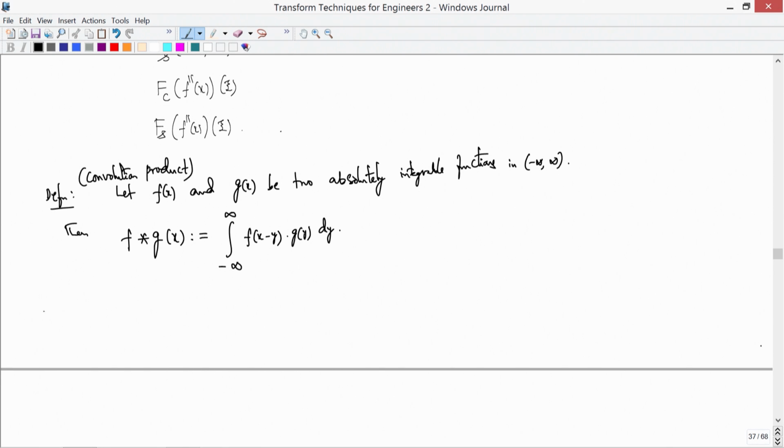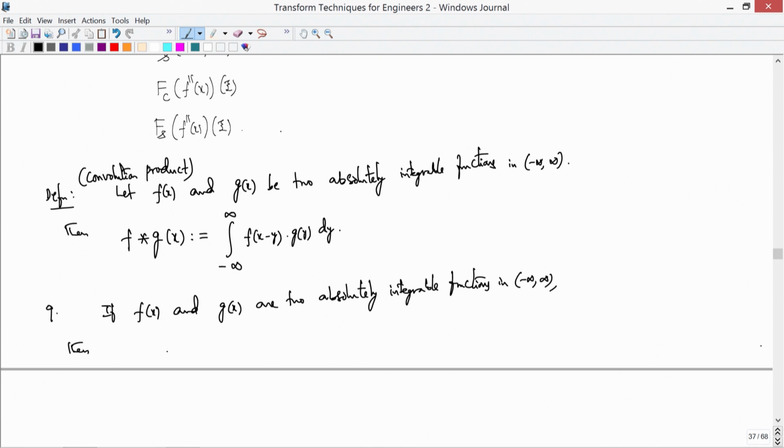Now, the property tells you that if f of x and g of x are two absolutely integrable functions in minus infinity to infinity, then the Fourier transform of the convolution product, which is a function of xi, will become the Fourier transform of f and the Fourier transform of g.